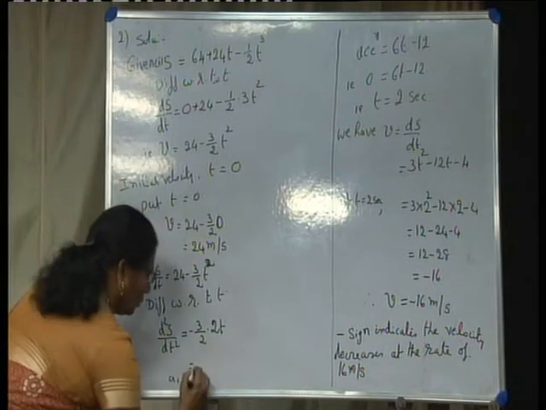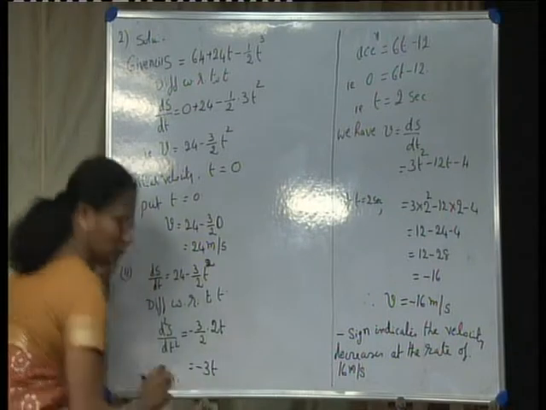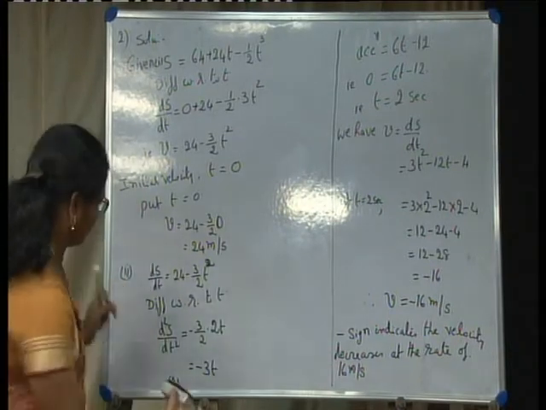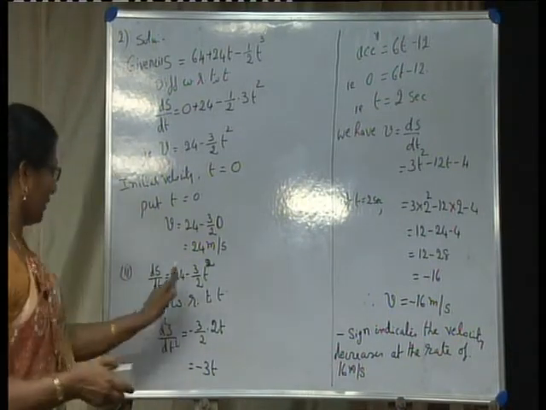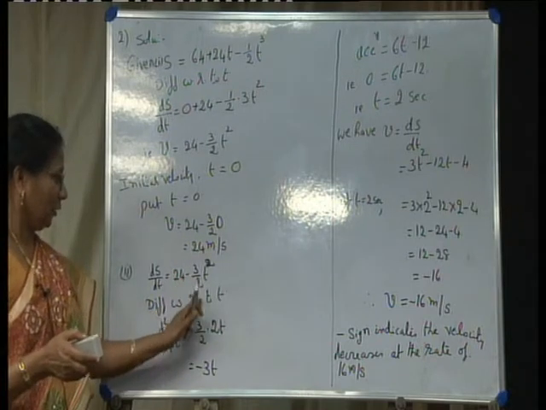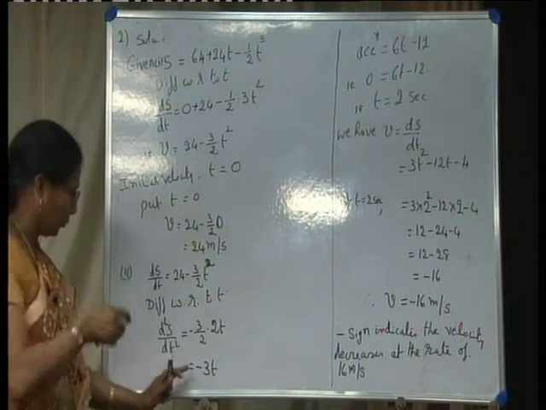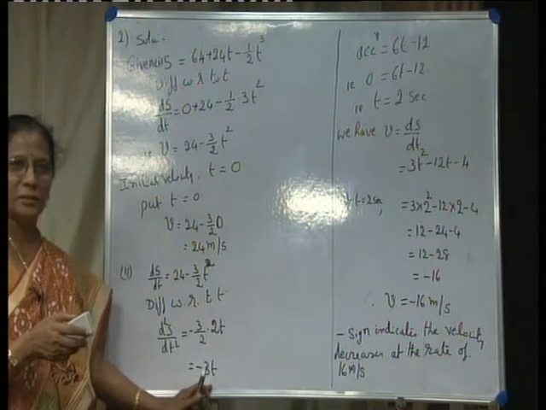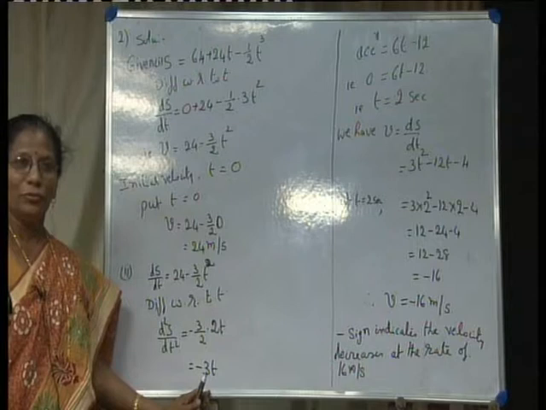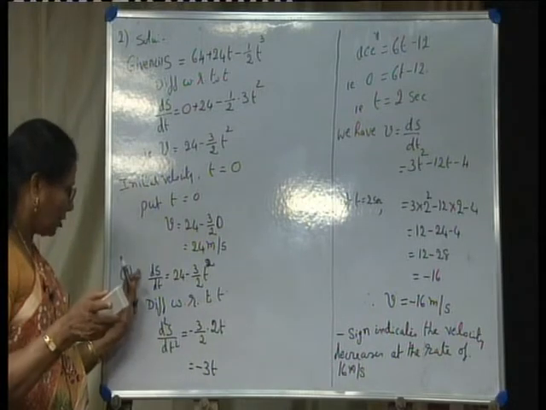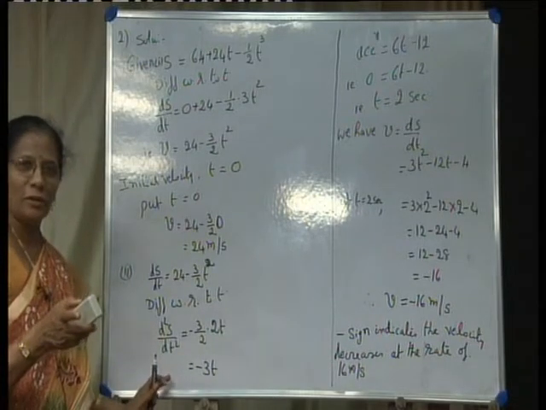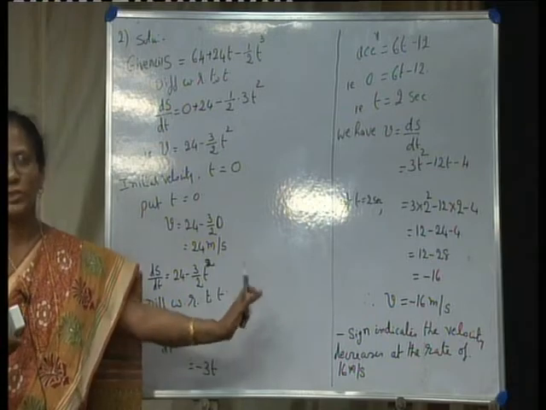This is equal to minus 3t. So, velocity is 24 minus 3 by 2 t squared, and acceleration is minus 3t. But here we have to find the velocity and acceleration after 2 seconds.